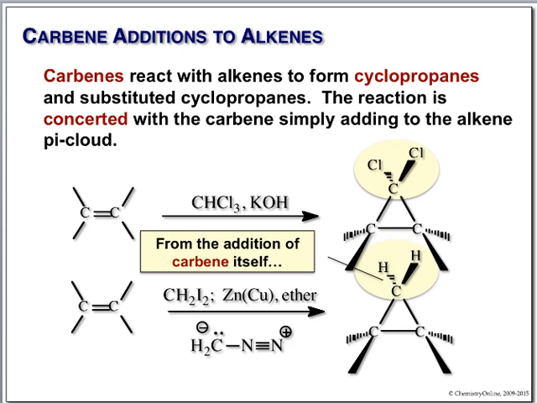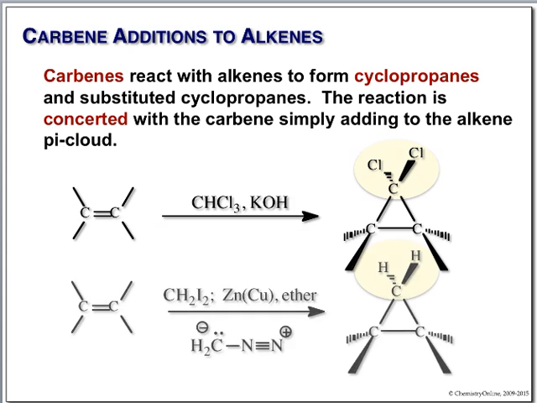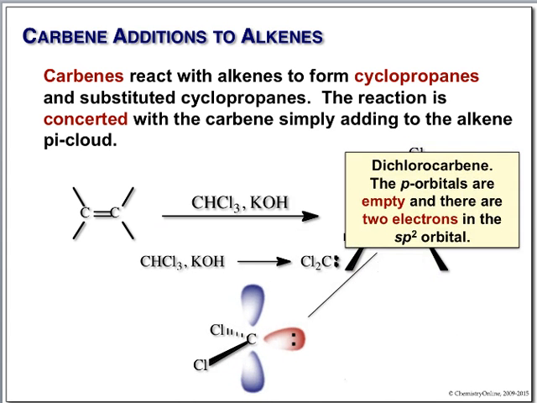All right, talk a little bit about carbenes. What happens is we do an elimination of HCl from chloroform. And that leaves us with a carbon with a pair of electrons bonded to two chlorines. This is what it looks like.